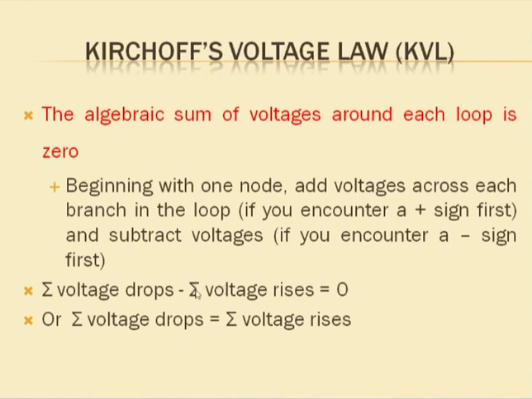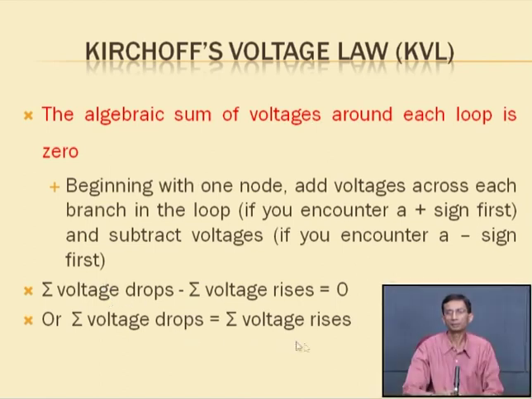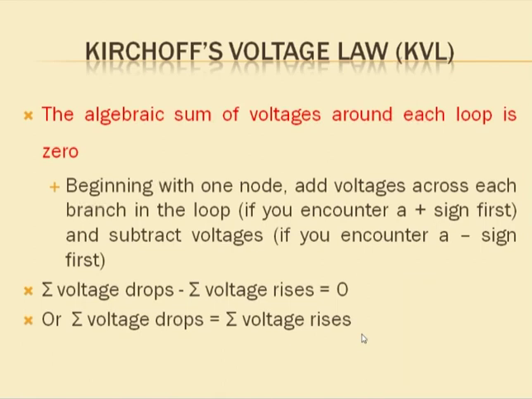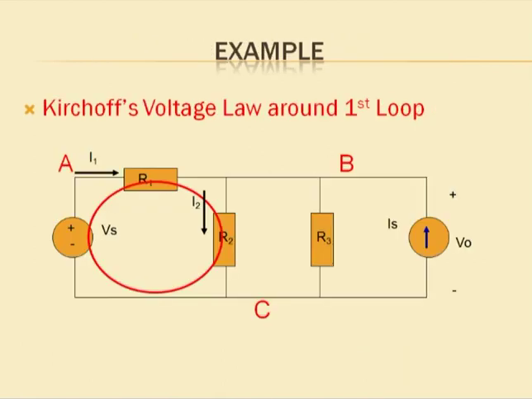Here, the voltage rises will definitely be considered negative. Or you can say that the sum of voltage drops should be equal to the sum of voltage rises. So this is the KVL.